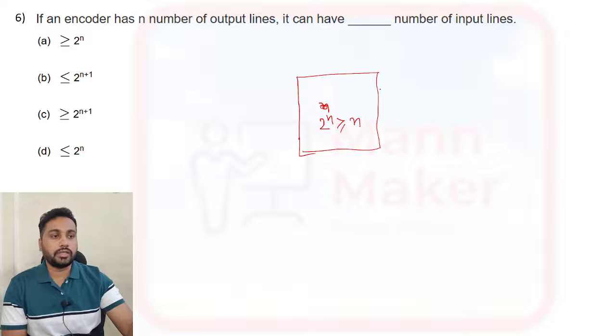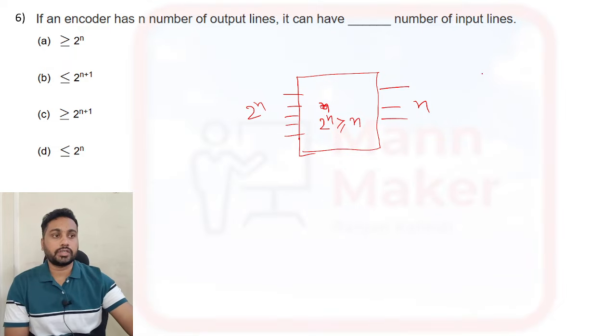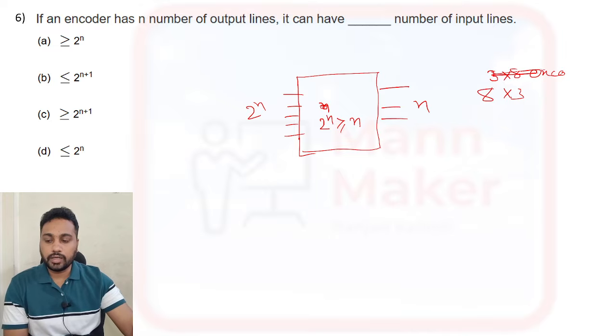So it has n outputs and up to 2 to the power n inputs. Suppose we talk about an 8 into 3 encoder. What does an 8 into 3 encoder mean?